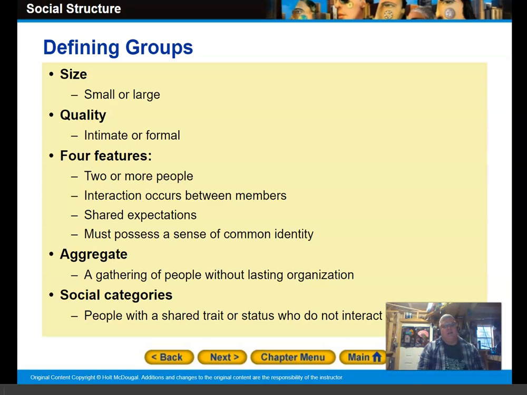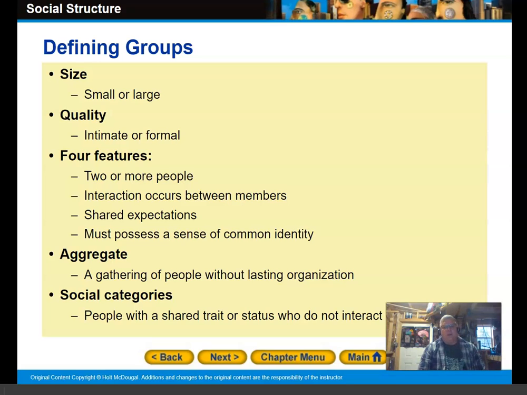Well, let's define groups. First off, we use size. Is it a small group or a large group? Then we talk about its quality. Is it intimate or formal? Four features: Is it two or more people? Does interaction occur between members?